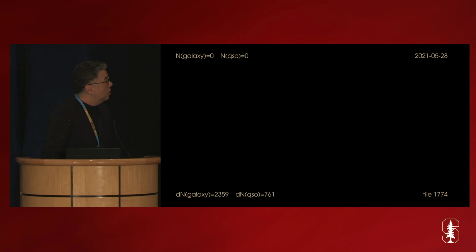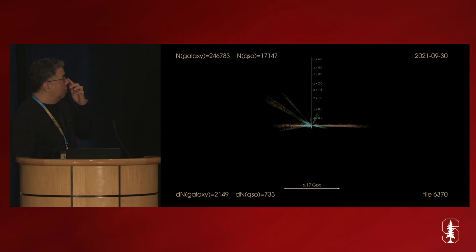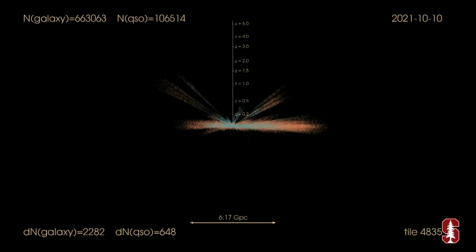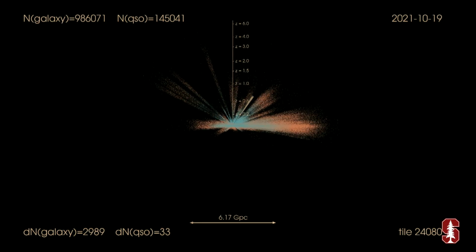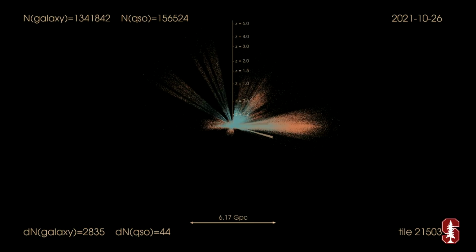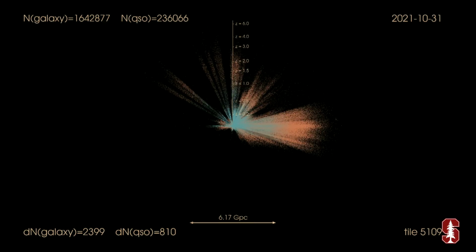This is when I was working on the spectroscopic pipeline. This was an animation I made back when operations started. On the right you see 2021, October, and each day. Each night it slews and looks for a few minutes at a given portion of the sky, then goes back and forth, which is what you see over time.